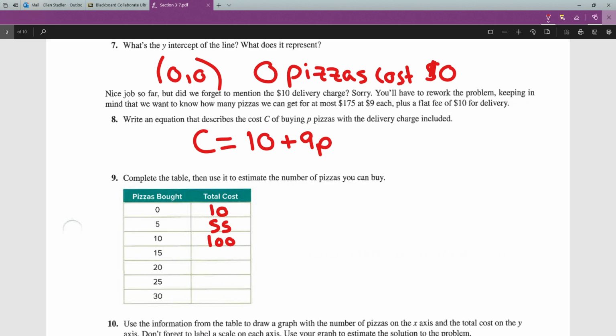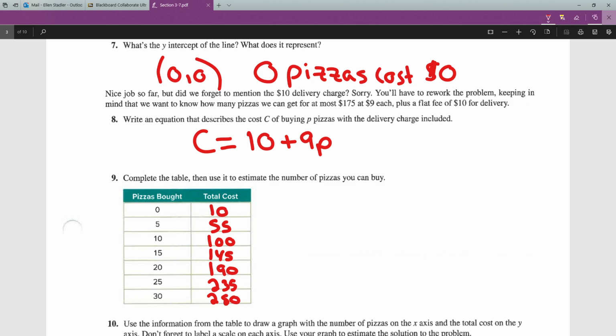It's adding 10 to all the numbers from the previous chart. You can continue to calculate it by hand. You can type the equation into your calculator and create the table on your calculator. Any way you'd like to do this, go ahead and fill in the rest of the chart. We should have 145, then 190, then 235, and 30 pizzas should cost me $280 with a delivery fee.